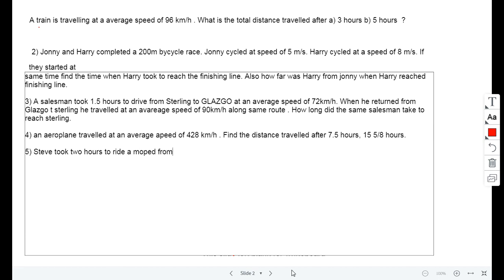From his friend's house to the beach. He rode a distance of 132 kilometers, but there's no dash. 132. For another 3 hours.